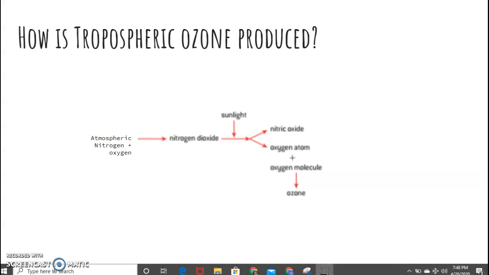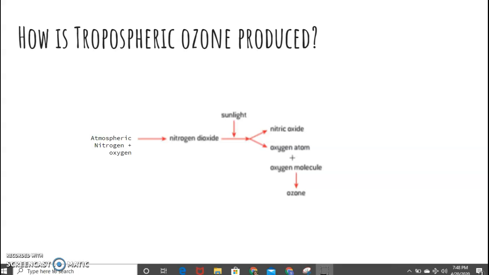Now you don't need to know all the chemistry involved, but you should understand that in a hot car engine, nitrogen and oxygen, which are naturally found in the atmosphere, under really hot conditions will form nitrogen dioxide, which is released into the air.